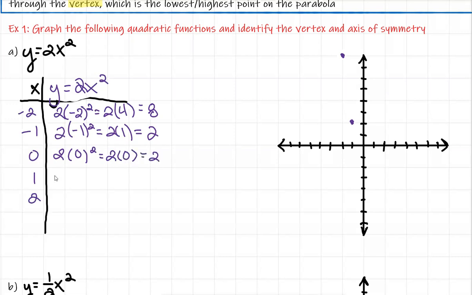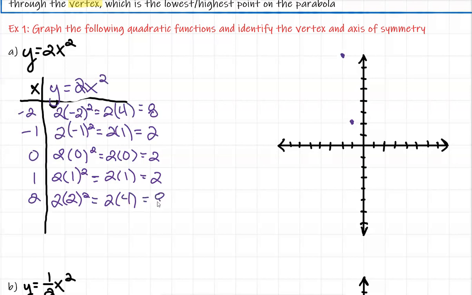Let's just go ahead and finish this out. 2 times 1 squared is 2 times 1, which is 2. And then 2 times 2 squared is 2 times 4, which is 8.